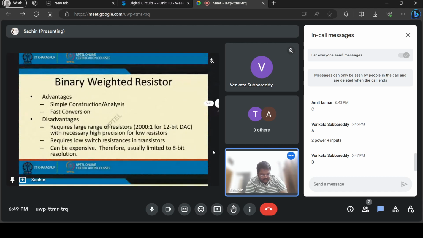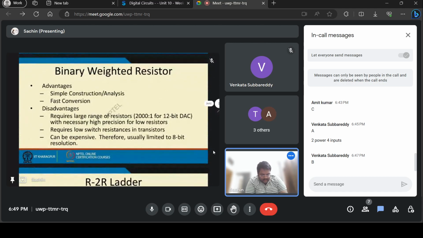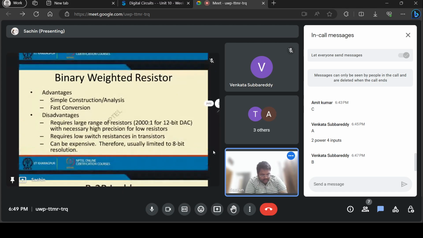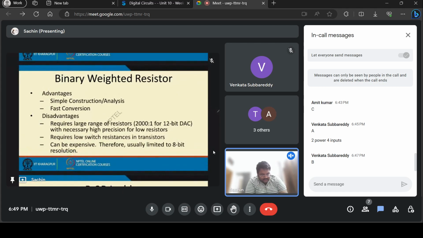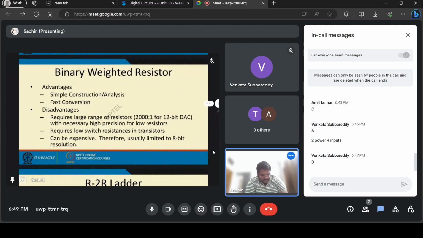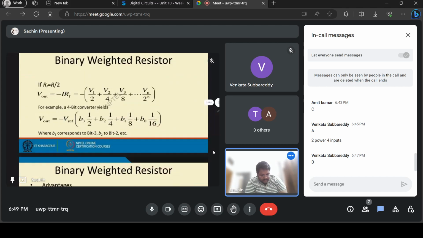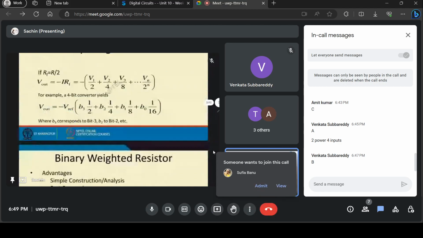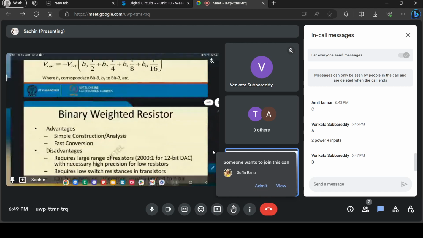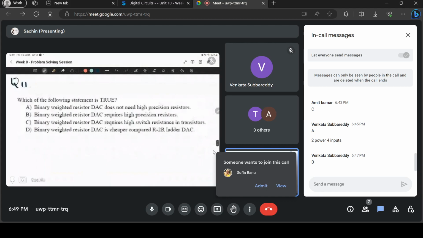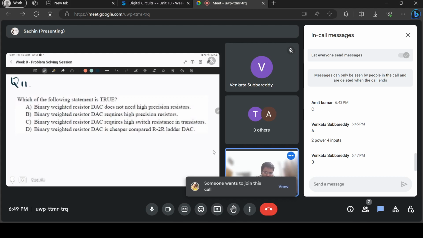So you need high precision, larger number of resistors. So it can be expensive. Okay. From the options, they were asking about the precision of the resistors. So binary weighted resistor DAC requires high precision resistors.